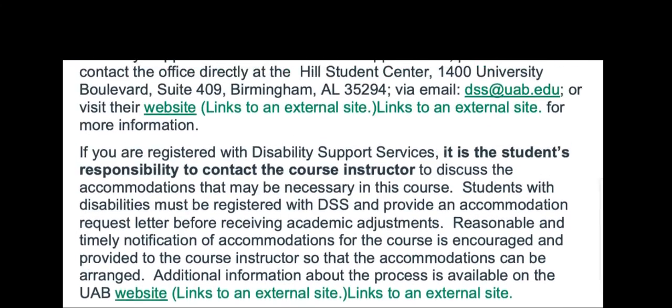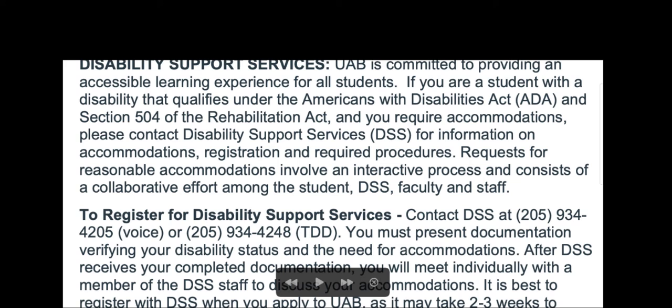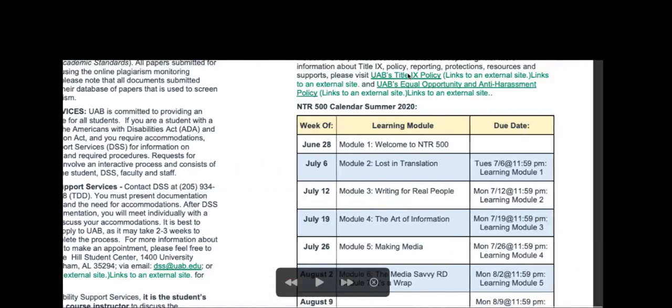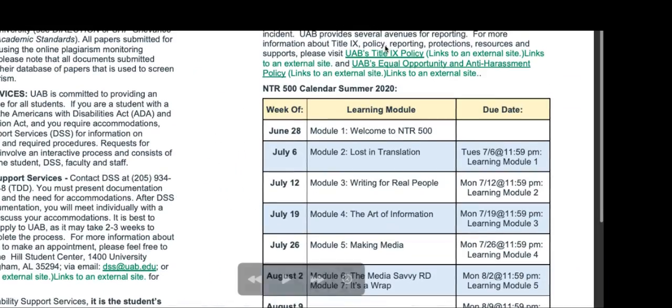Now, let's take a look at the course schedule, because that's the other super important thing. Sorry, I'm not doing a very good job navigating around on this. At the very end of your syllabus, you will see the course schedule. This shows you what you should be working on at the beginning of the week.